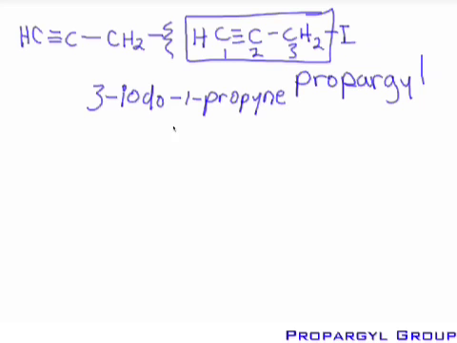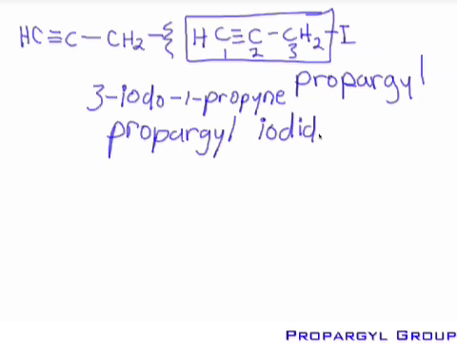Or the common name uses propargyl, and it would be called under common nomenclature propargyl iodide. Common names have a space between the halogen ending and the propargyl.